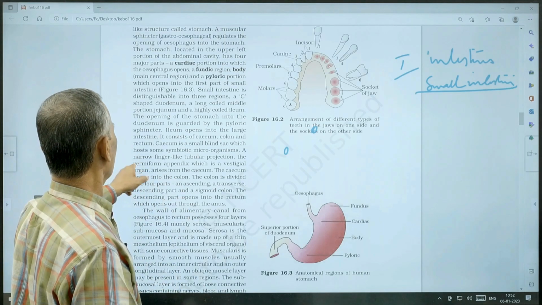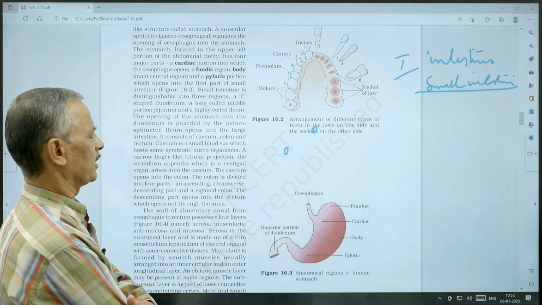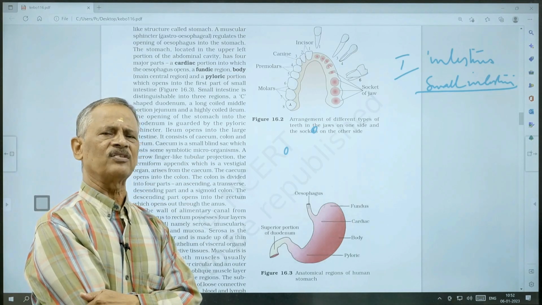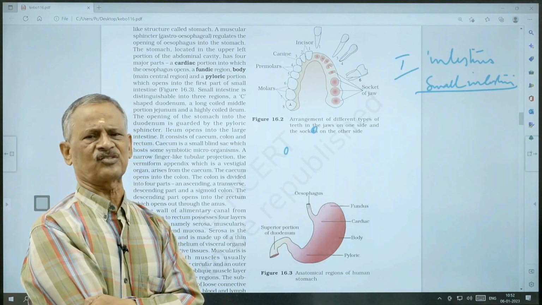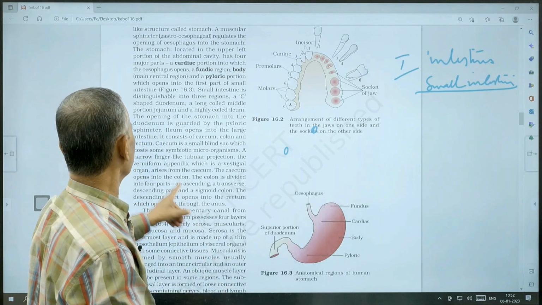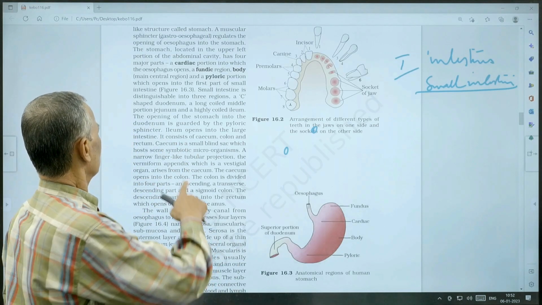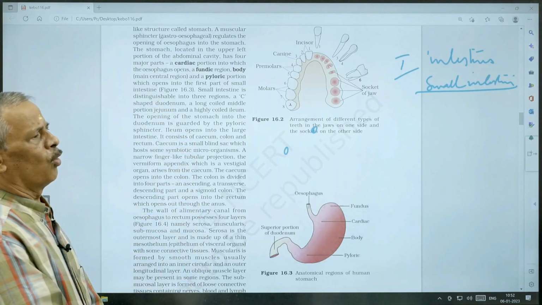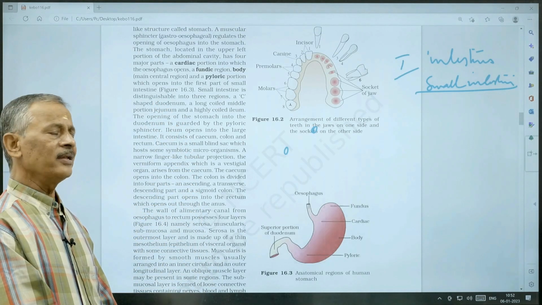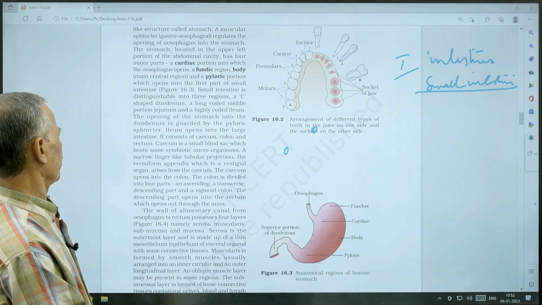From that cecum arises a finger-like structure called vermiform appendix. This vermiform appendix is actually a functionless vestigial organ. And from that arises the most wide and elongated part of the large intestine, which is called colon.